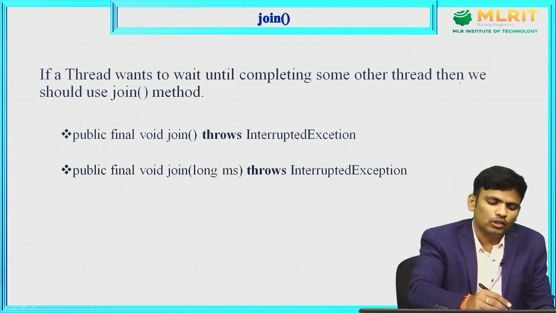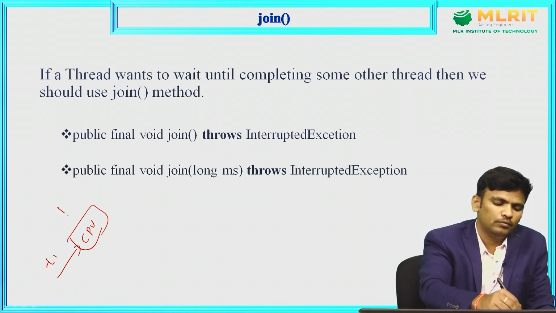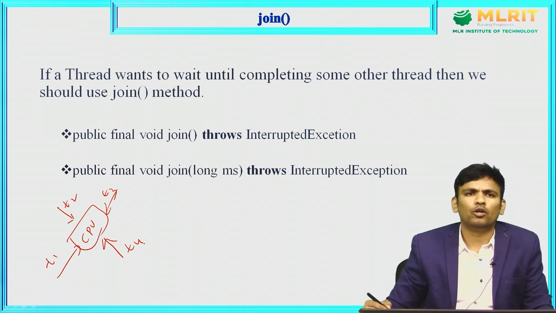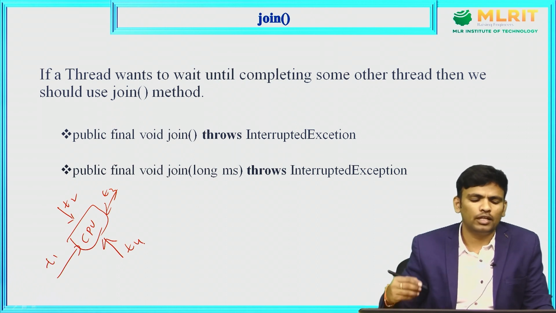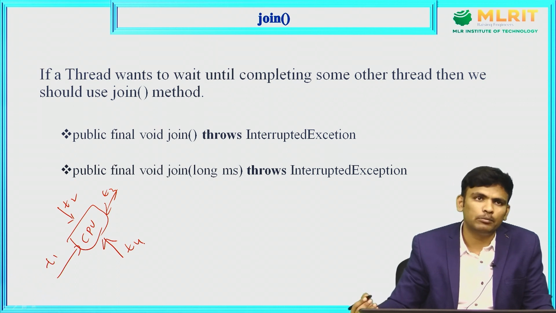Suppose on the CPU we have T1, T2, T3 and T4, four threads executing. We cannot predict the exact order. Sometimes T1 may execute, sometimes T2, sometimes T3, sometimes T4.